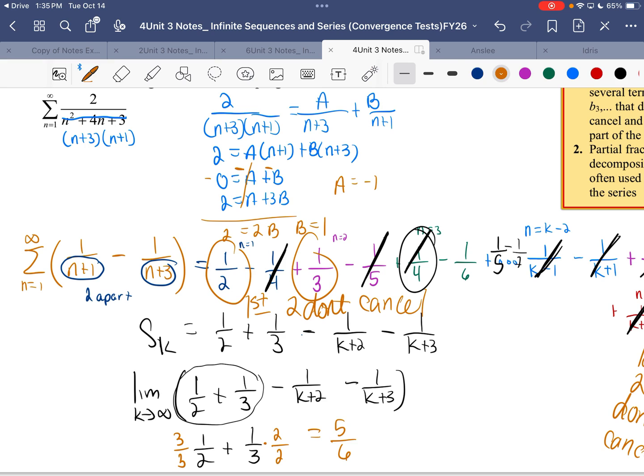Like this 4th didn't cancel out until I plugged in 2 more bigger. And 1 more bigger didn't cancel out, but 2 more bigger did cancel that one out. And then 2 more after n equals 3, so at n equals 5, is going to cancel out the 1/6. So at n equals 3, you got a 1/6 that didn't cancel out. N equals 5 would have canceled it out.